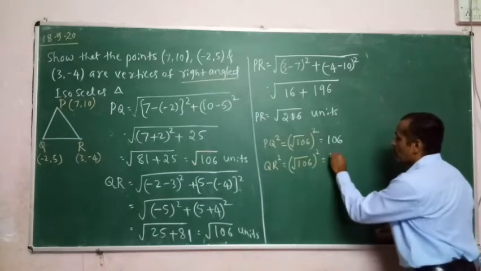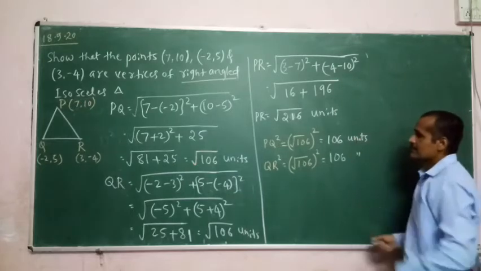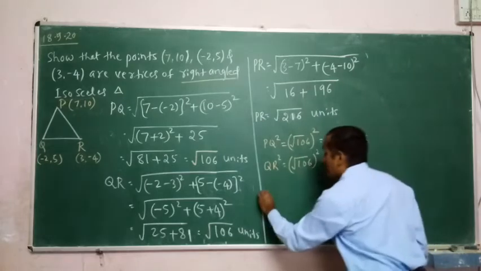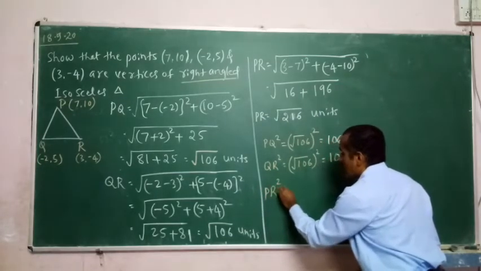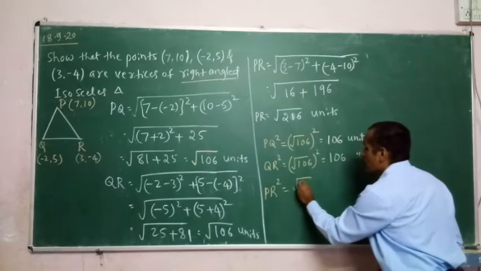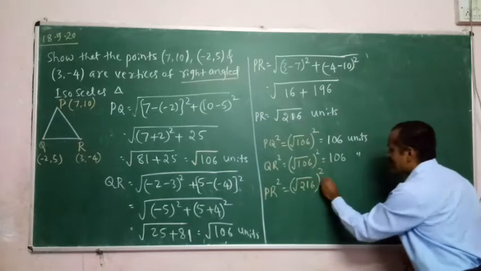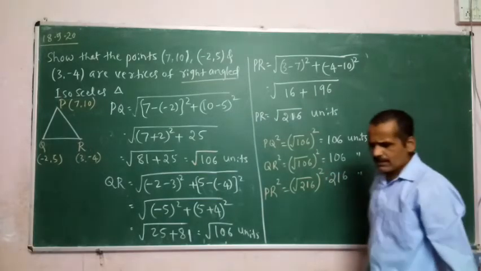Answer is 106 units. See, square and square get cancelled. Last one, PR square is equal to square root of 216 the whole square. Square gets cancelled. Answer is 216 units.